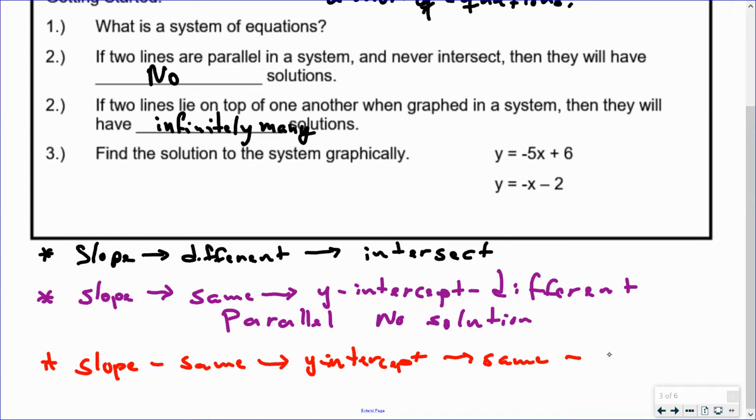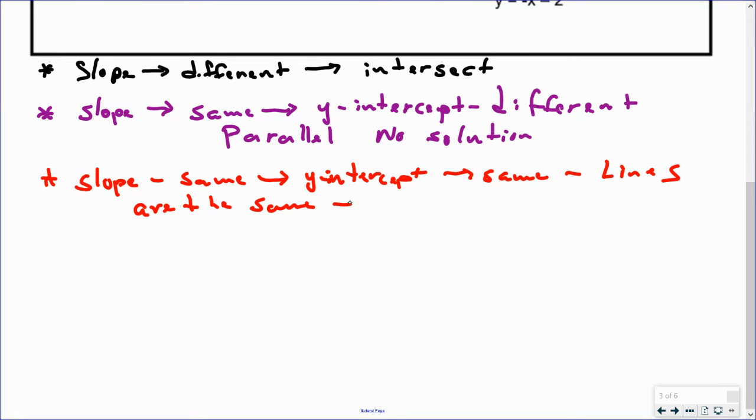So that means these lines are the same, and that tells me infinitely many solutions. Those two things are the same exact lines. All right, so that's how I work down through this.